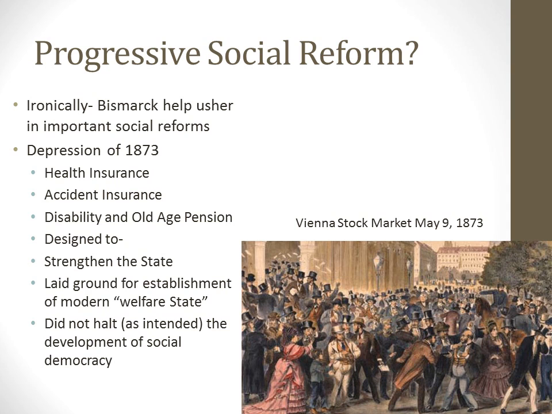Ultimately, it did not halt the development of social democracy, and that's largely because the situation remained desperate. Despite this, more and more workers, if you go back to the earlier slide, a third of the population were workers by the 1890s. And workers were still working in very difficult situations, harsh conditions, dangerous conditions, dirty conditions, and they weren't being paid fantastically great.